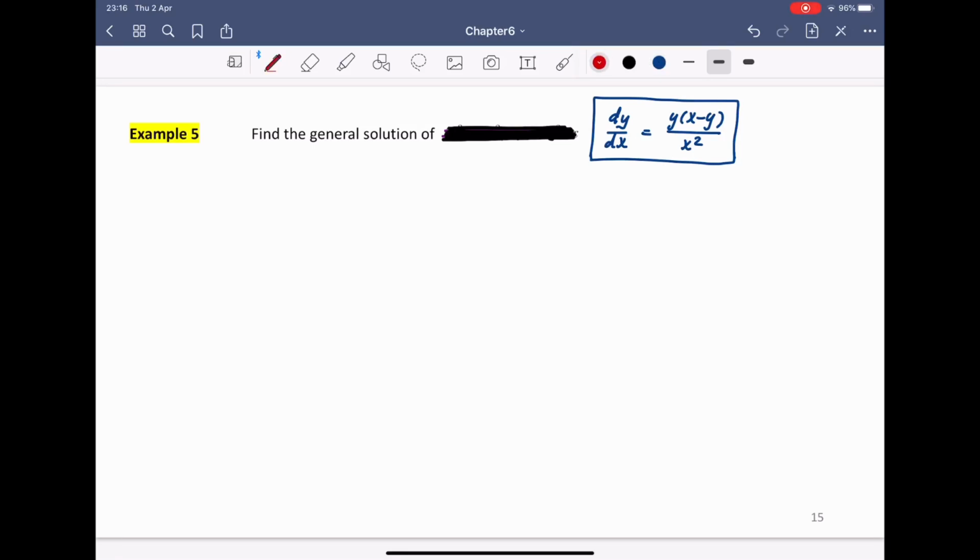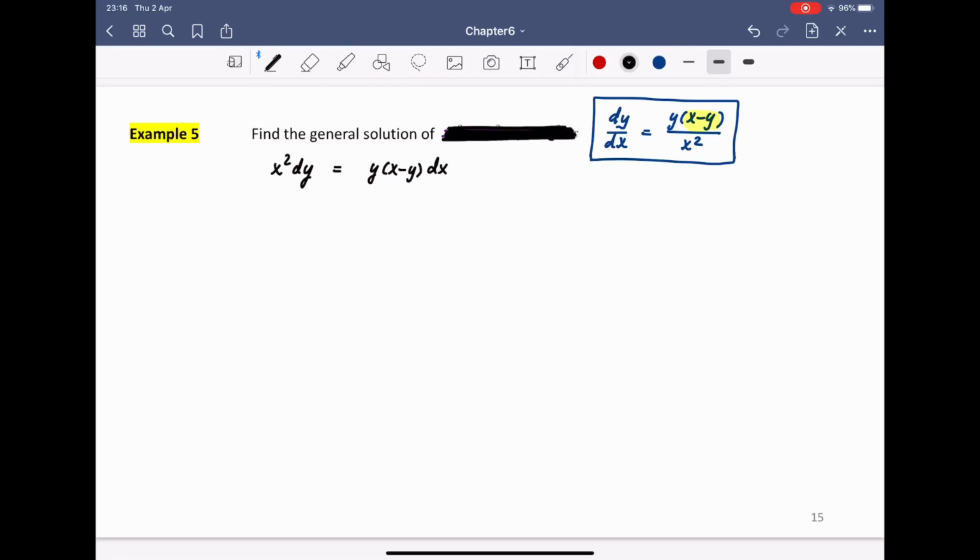So in this example, once you look at the differential equation, you can see that this is not separable because you cannot separate x minus y here, right? So this is for sure not a separable equation. So let's start by simplifying it to the standard form. I am going to get x squared times dy equal to y times (x minus y) dx, right?